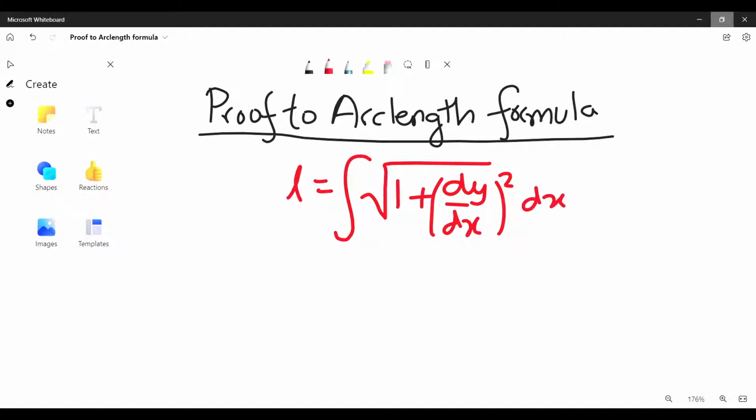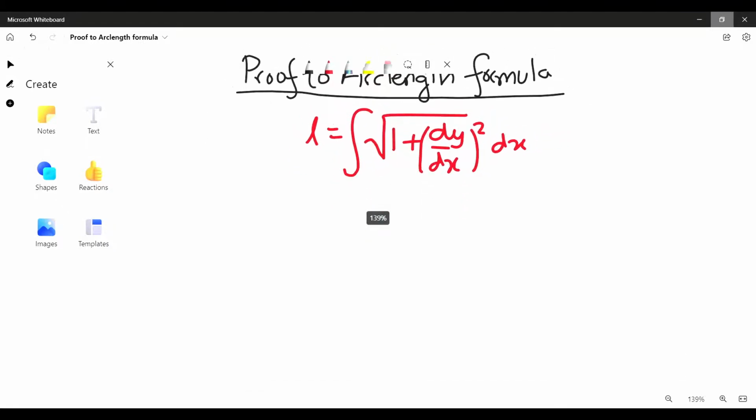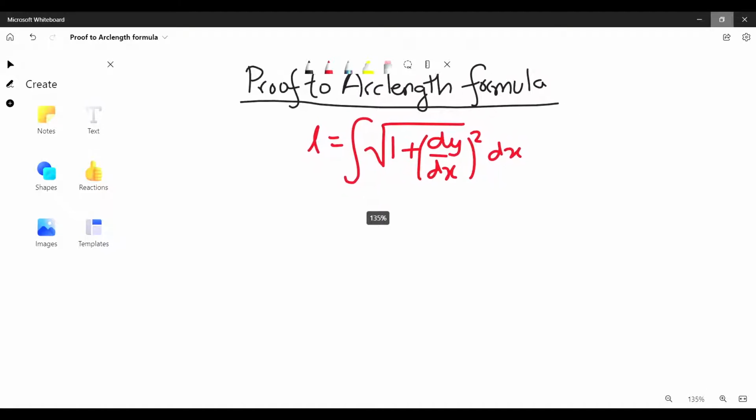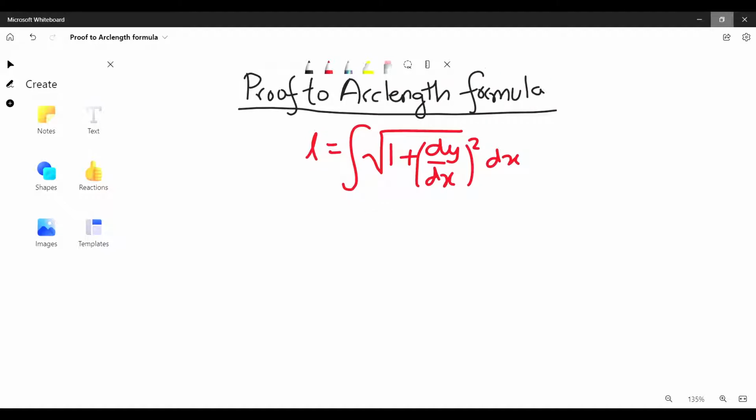But why is that? I want to share with you a very simple proof, based on just an intuitive idea of summing lengths by using the Pythagorean theorem.